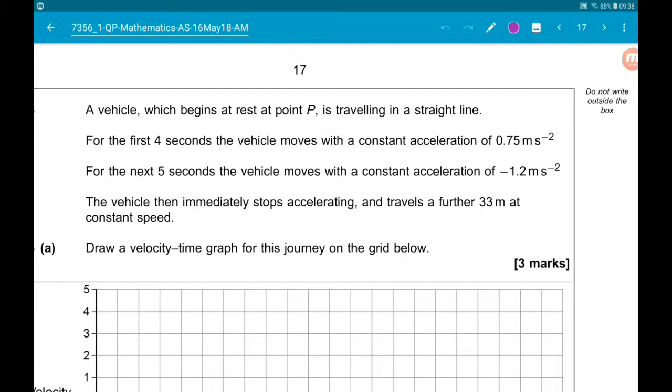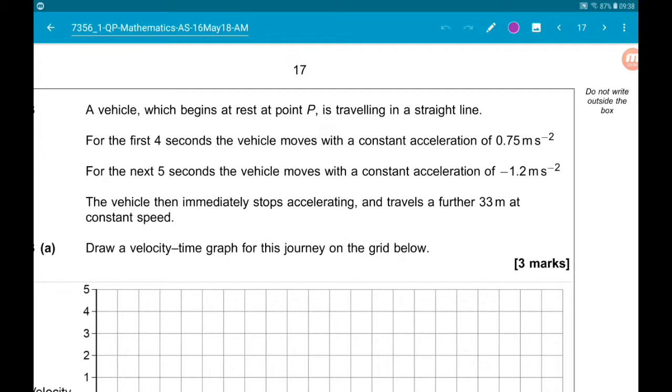For the next 5 seconds, the vehicle moves with a constant acceleration of minus 1.2 meters per second squared. The vehicle then immediately stops accelerating and travels a further 33 meters at constant speed.